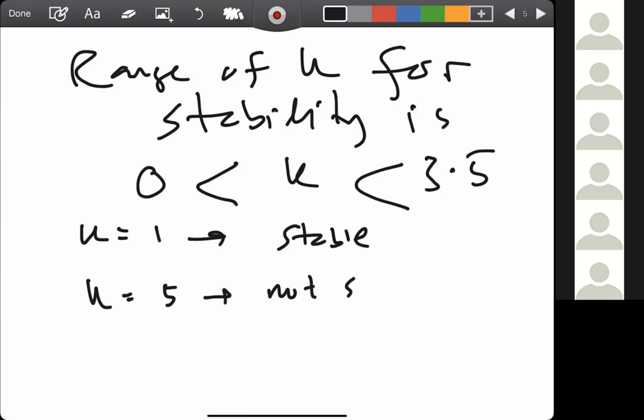Okay. 3.5. When K equal to 3.5, what happened?